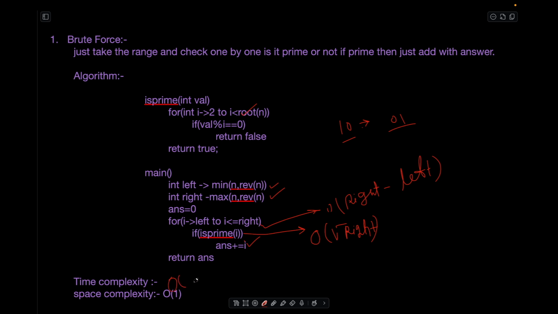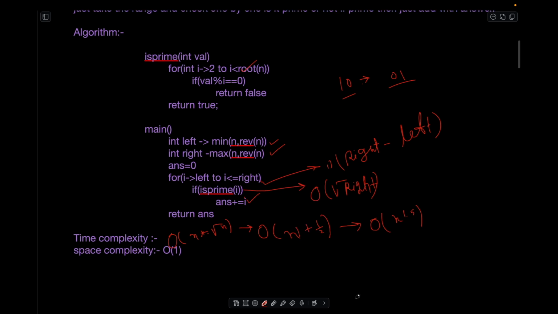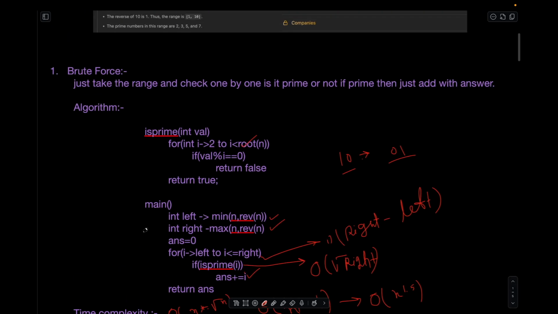For the worst case it is n into root n, so it will become n to the power 1 plus 1 by 2, which is order of n to the 1.5. So this is the brute force approach.